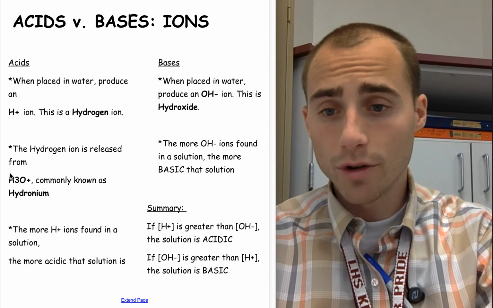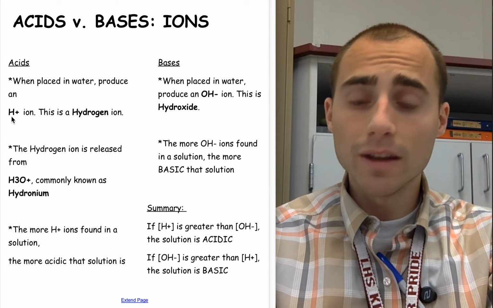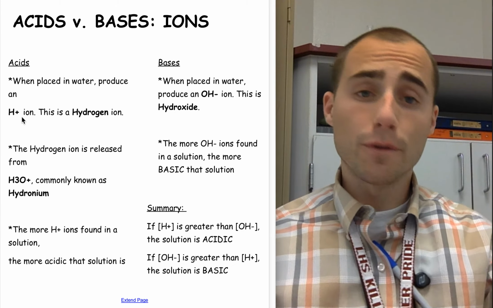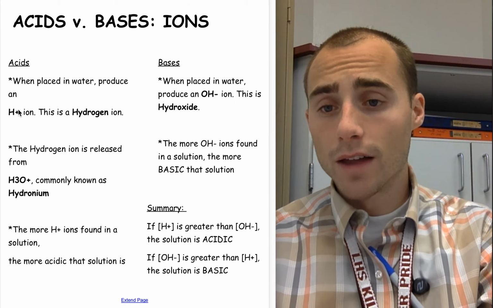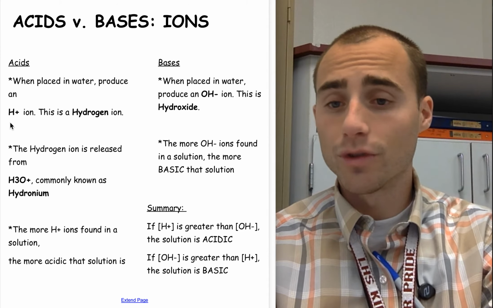So you want to know the hydronium ion, it's H3O. That acid is going to separate one of these hydrogens from the hydronium to create a free-flowing individual H plus hydrogen ion. So right here, the more hydrogen ions there are, the more acidic that solution is going to be.